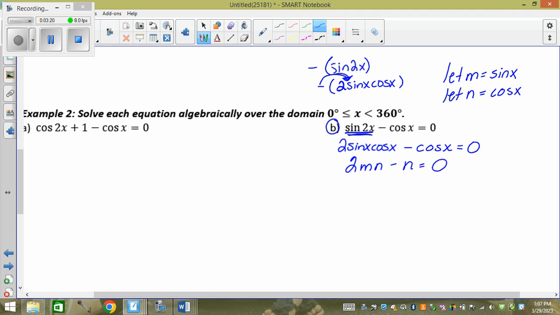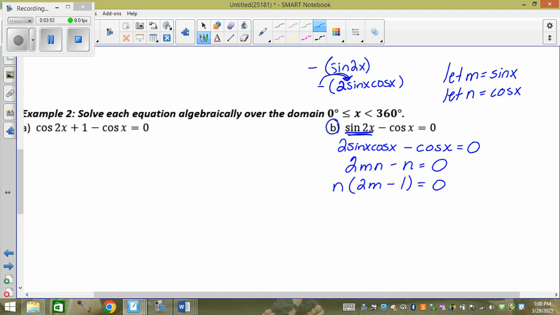If I asked you to factor that in grade 10, what could you do? Remember, if you're stuck and there's nothing you can do 99.9% of the time, it's a GCF. What could you do? Take an n out. Up here I could take a cos x out, right? Here I'm taking an n out. When I take an n out, what's left? 2m minus 1.